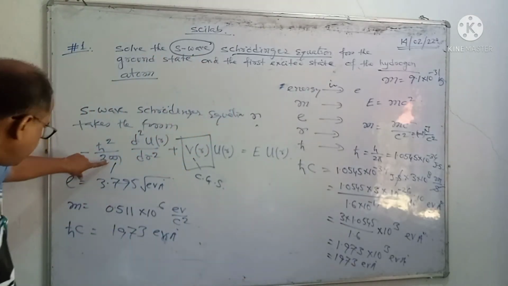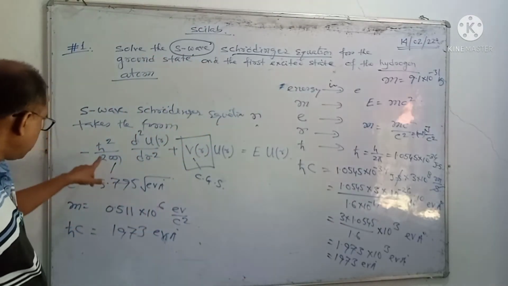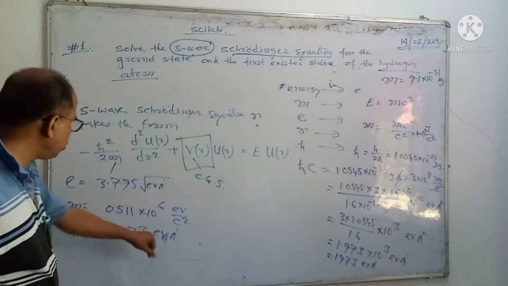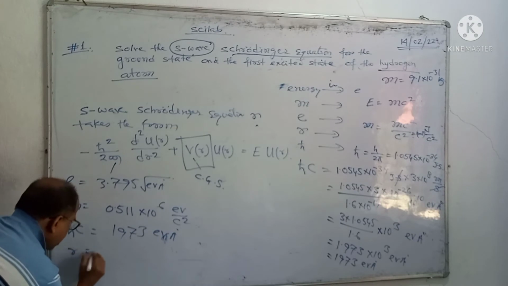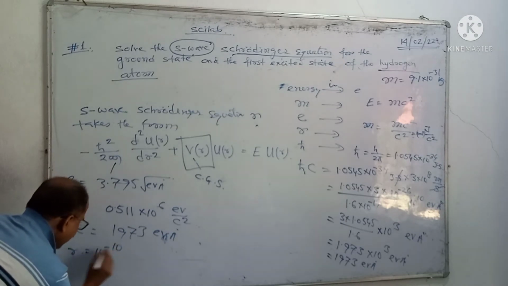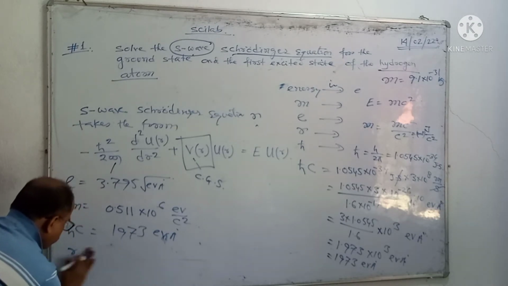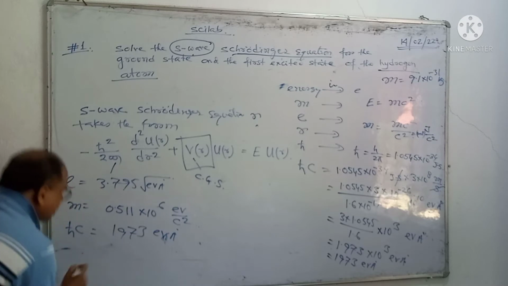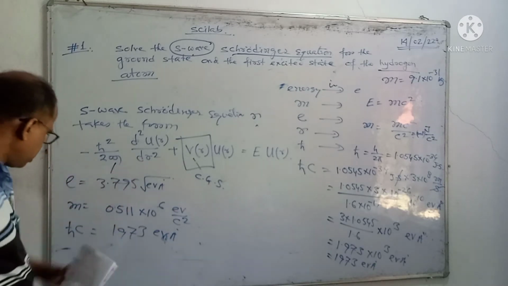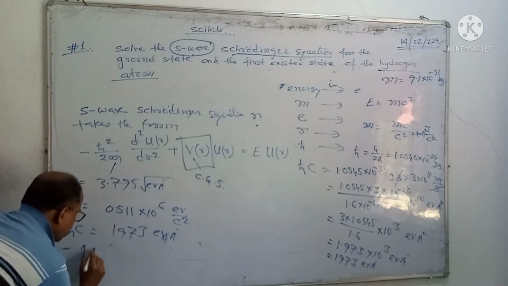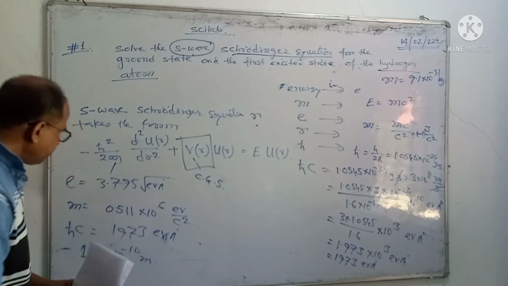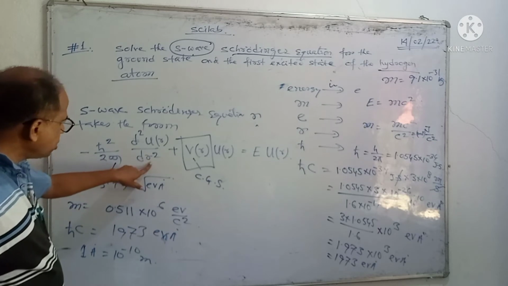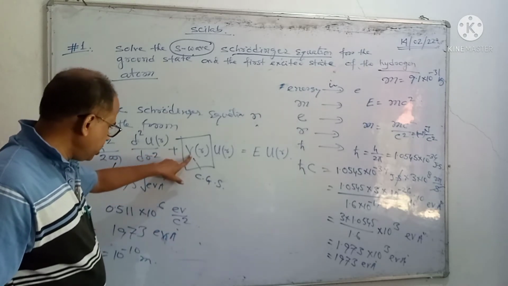You see, m is in electron volt, ħ is in electron volt, r is in angstrom. 1 angstrom is equal to 10 to the minus 10 meter. Fine. r is in angstrom. Energy is in electron volt.